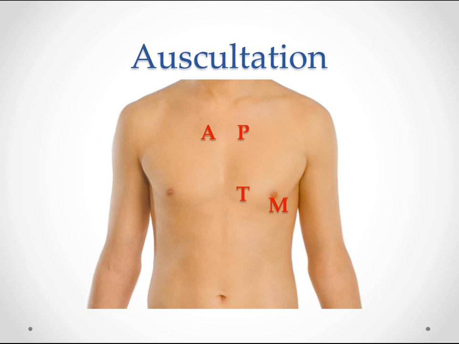So if you have a murmur during systole at the aortic listening spot, then we've got some kind of a stenosis, because it's making noise when it's going through the valve.